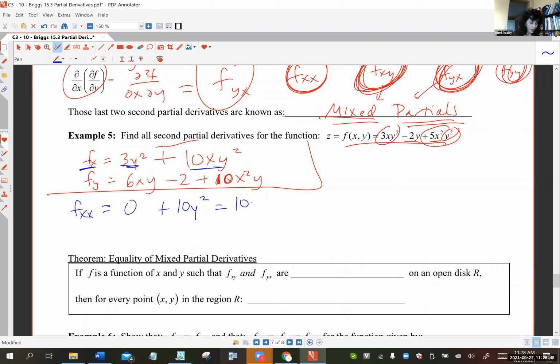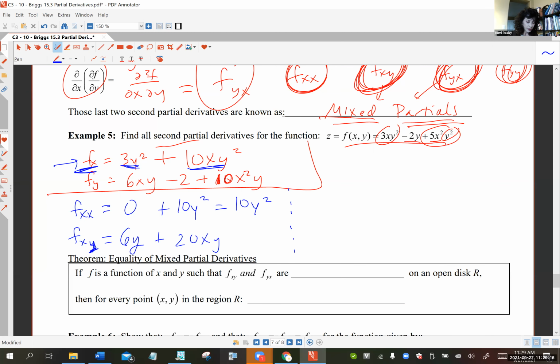So we're just going to get 10y squared there. Then his other kid, fxy, we're again going to look at fx, but we're going to take his derivative with respect to y. So the derivative of 3y squared with respect to y is 6y, and the derivative of 10xy squared with respect to y is 20xy.